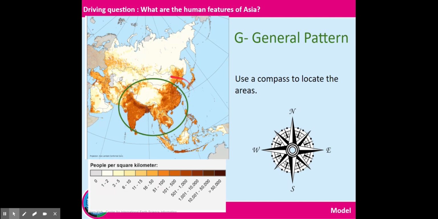These areas here in general. We'll get to this section later, but in general, these are the areas which are more densely populated or have a lot of people. And then we said also the most sparsely populated areas are these areas up here in Northern Asia, mainly the country of Russia. So that was our general pattern.